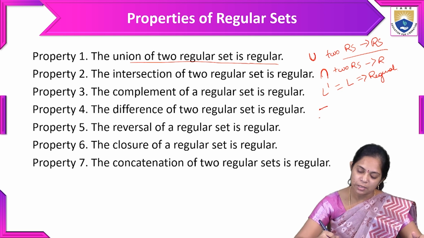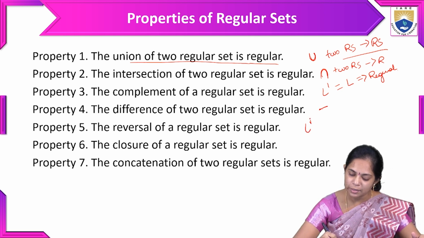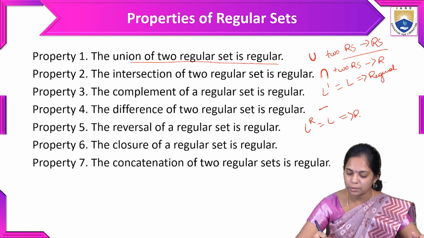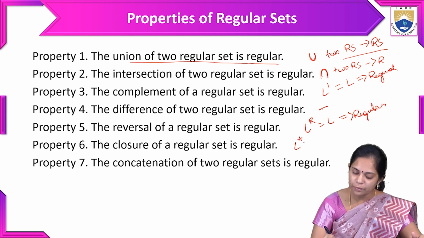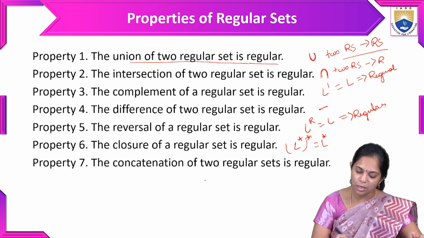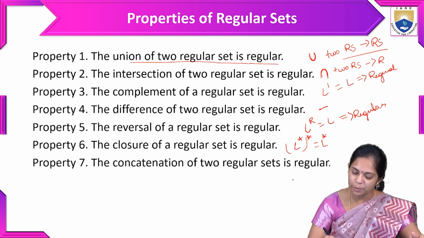And the reversal of a regular language is also regular. And the closure of this we get regular. And the concatenation, we represent like this, and this is also regular.